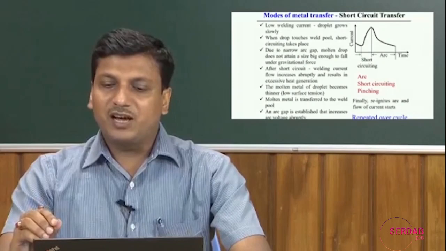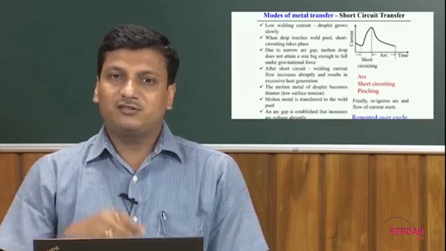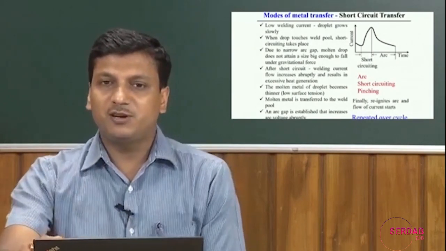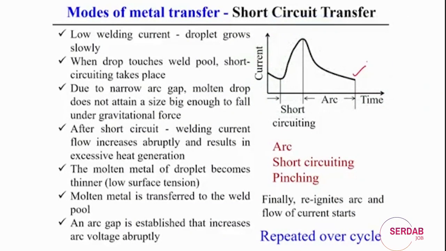droplets, and then there is again a decrement of the current, and it reaches certain values. For example, it reaches these values, and the arc is created in this period of time, such that the molten metal becomes thinner and thinner due to the high heat generation during this time period.